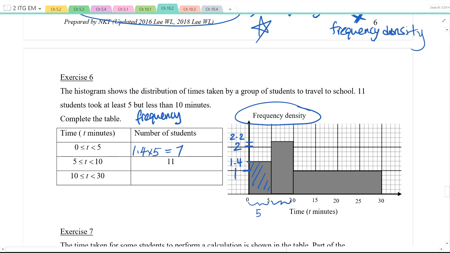Class width is 5 again. 5 multiplied by 2.2, we get 11, which is correct. And finally, the last one. This class width is very large. From 30 minus 10, we get a class width of 20. So 20 multiplied by 1, and we get 20, of course.